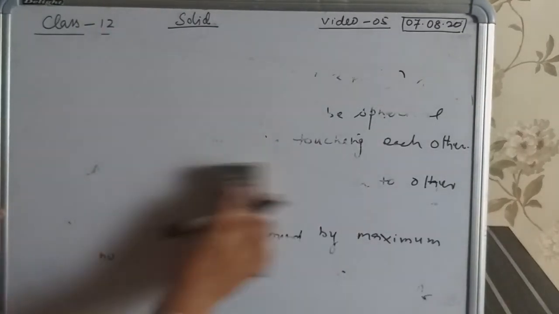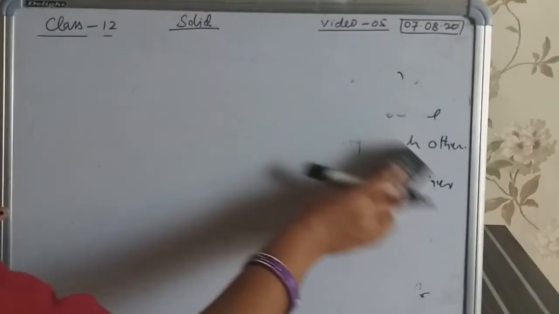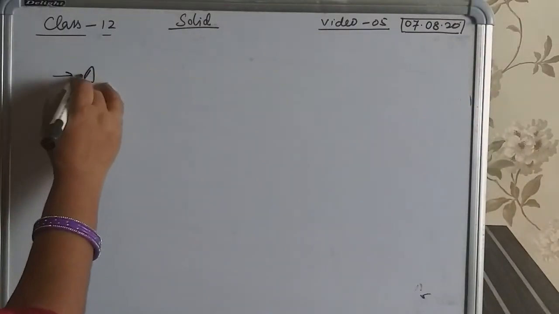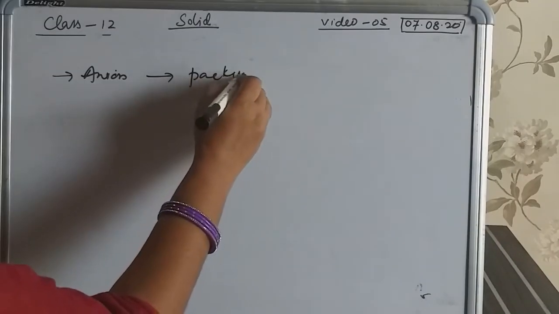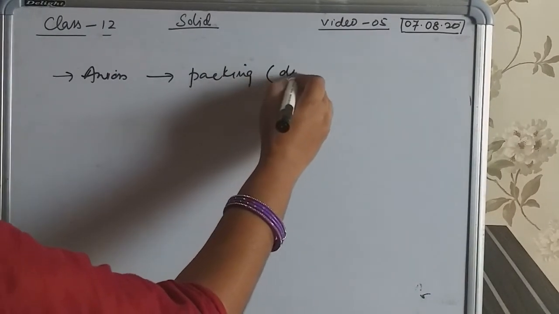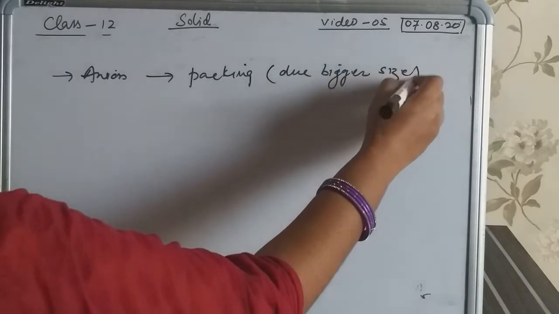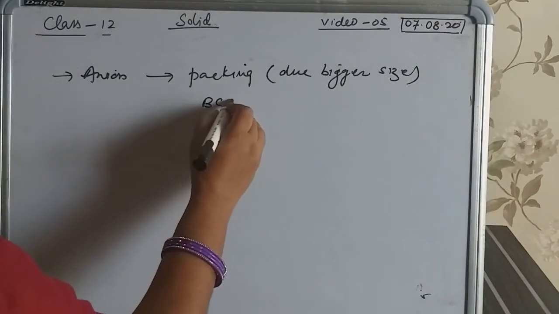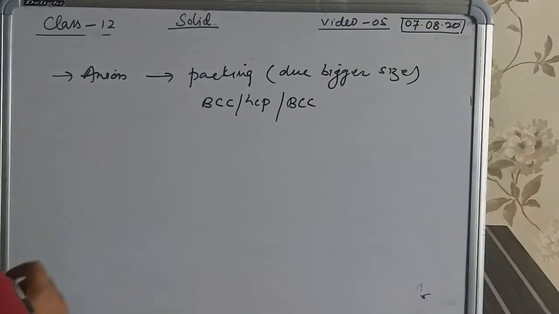As we know, the size of anion is bigger than the size of cation. So the packing is done by the anion and voids are occupied by the cation. So mainly the work of anion is packing because their size is bigger, like BCC packing, like HCP packing, and so on.